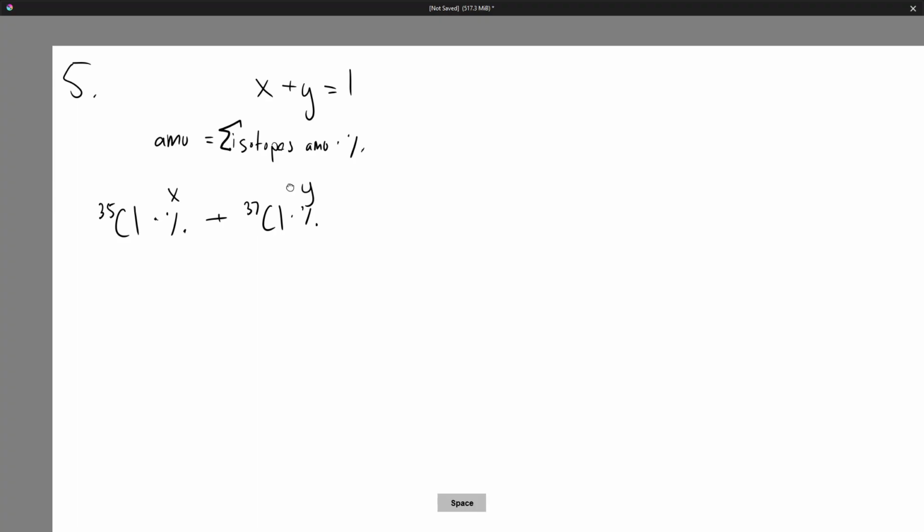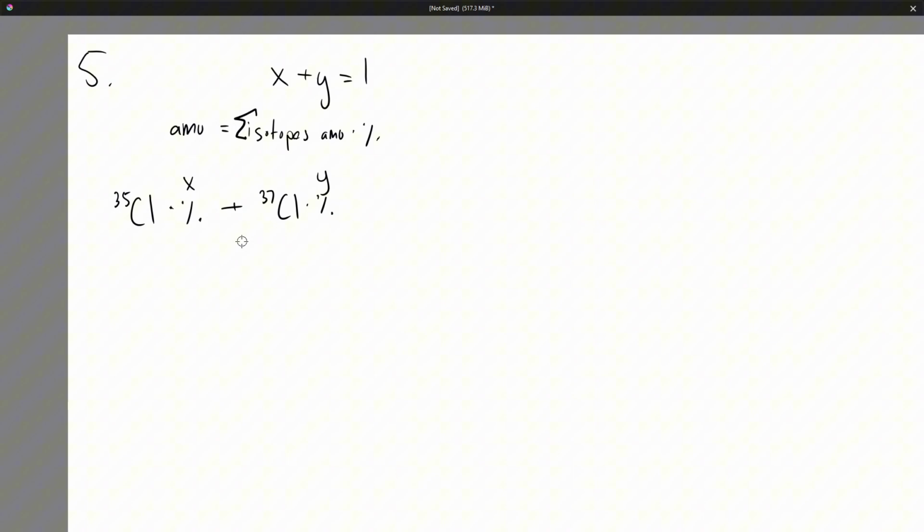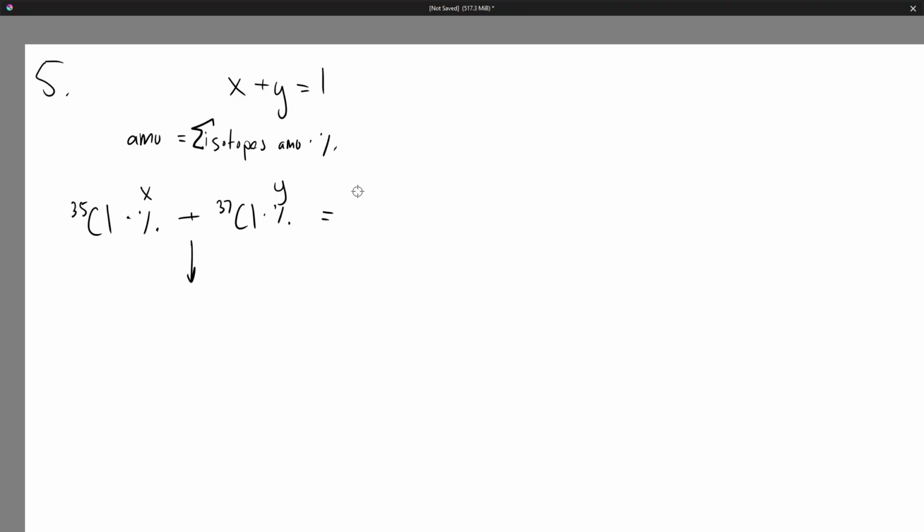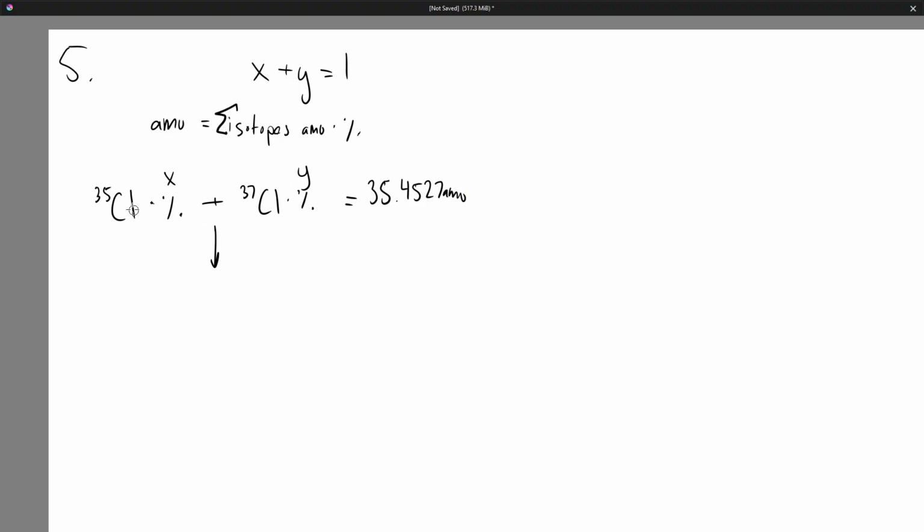With that being said, we replace that for these, and it all equals the atomic mass of chlorine, which is 35.4527 amu.